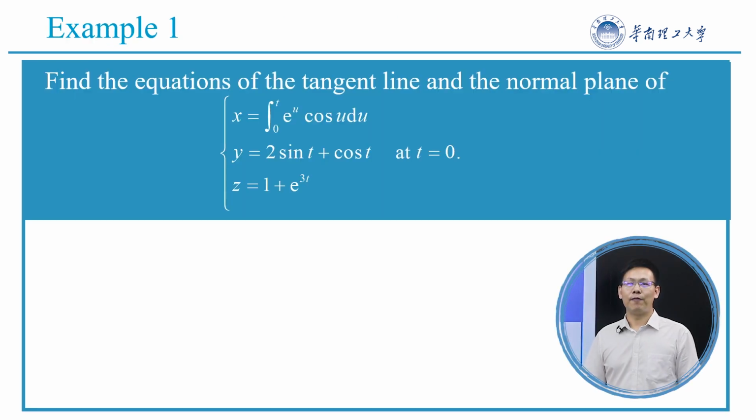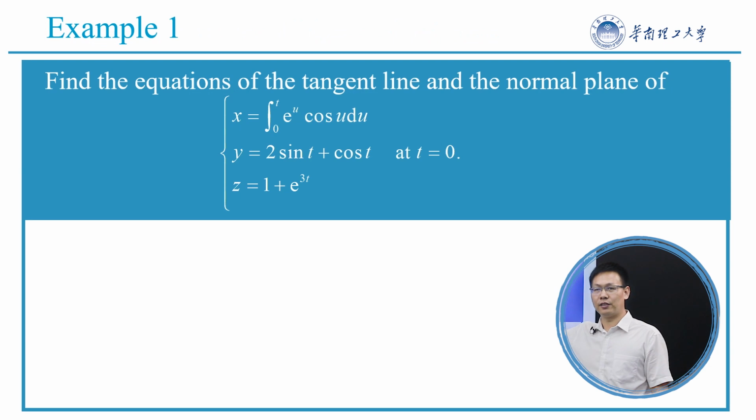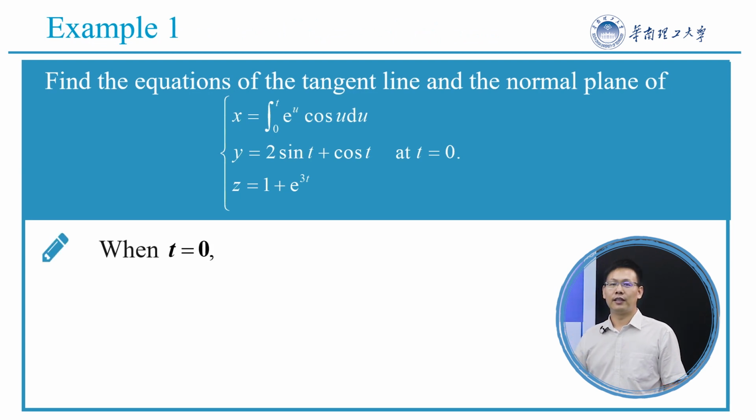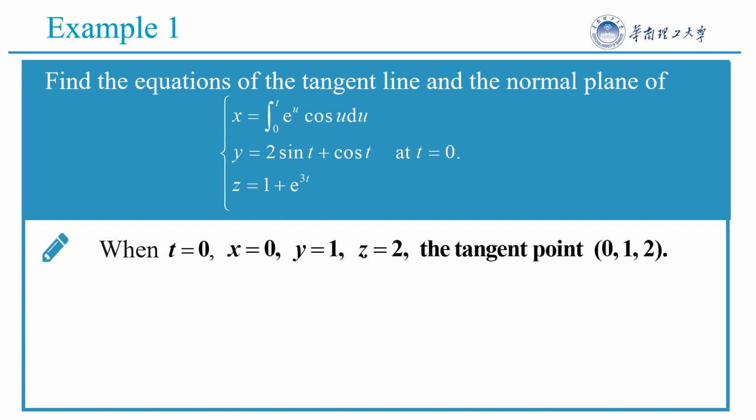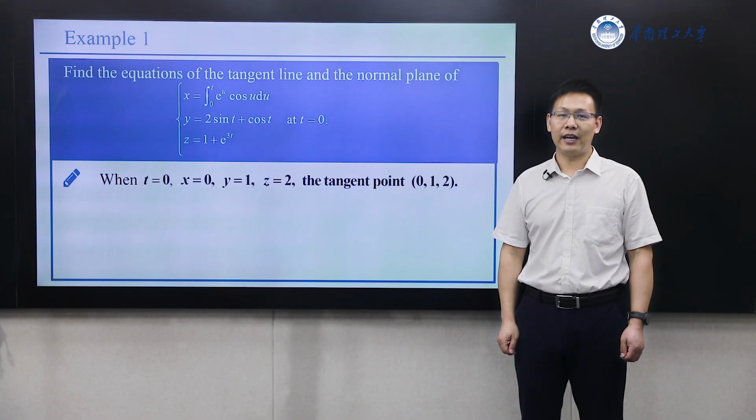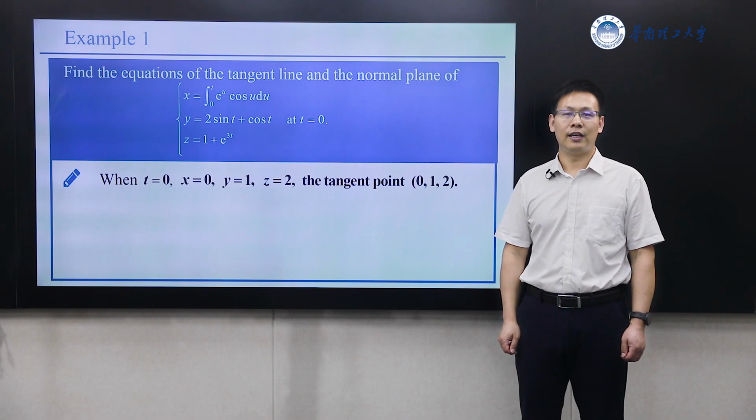Example 1. Find the equations of tangent line and the normal plane of the following space curve. Solution. At t equals 0, x, y, and z equal 0, 1, and 2 respectively. That is, the tangent point is (0, 1, 2).